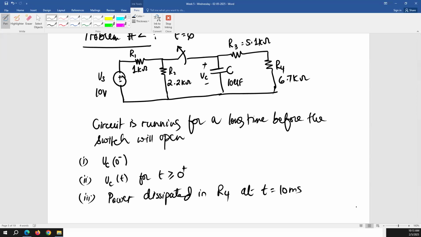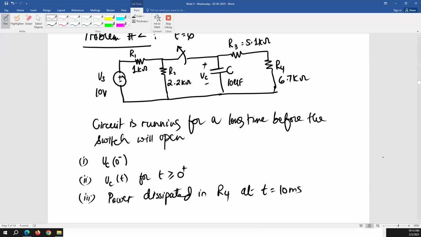Okay, so before it opens up, we know that the circuit is running for a long time. That means the capacitor is fully charged, which means that there is no current flowing through the branch where the capacitor is connected. So that branch is going to be considered as an open circuit. So how are we going to calculate the voltage across the capacitor in that case? It is the same voltage that will be across R2.